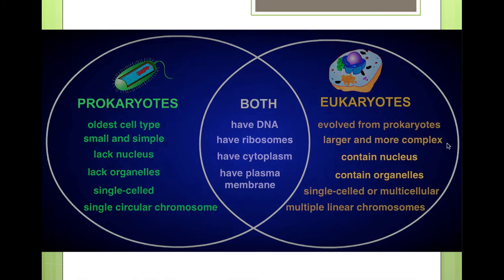They are larger and more complex, contain a nucleus and different organelles, can be single-celled or multicellular, and have multiple chromosomes which form their DNA. At the core of it, both cells have genetic DNA, and they also have other things like ribosomes and cytoplasm, but obviously one is more complex than the other.